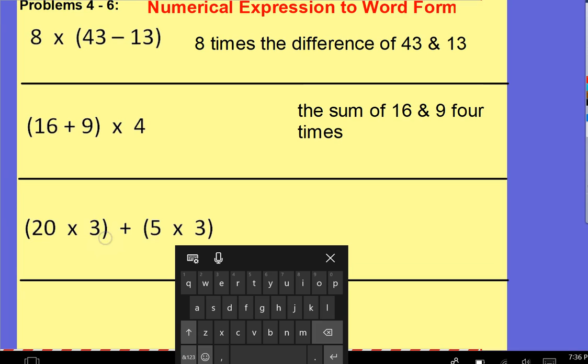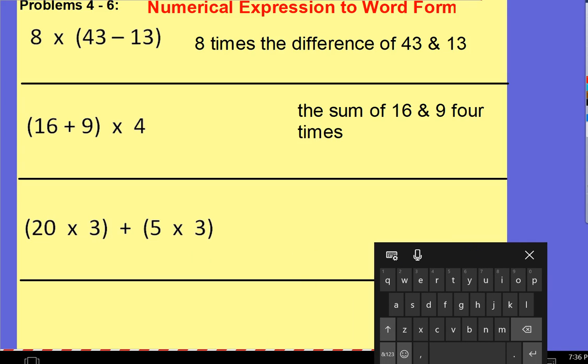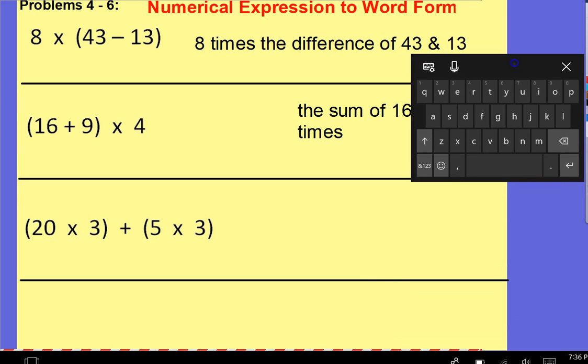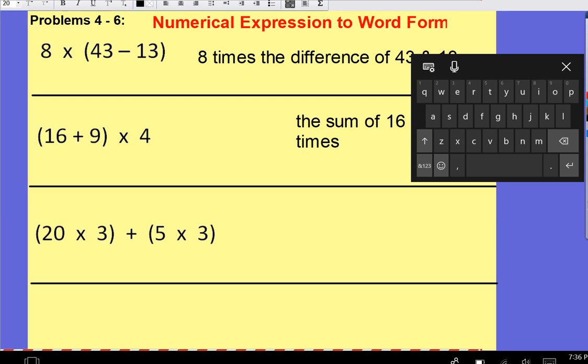All right, let's take a look at our third one. Our third one here says 20 times 3 plus 5 times 3. So this one's a little bit different. I'm going to think back to the problems we had yesterday. Remember when they would see a multiplication problem, we would sometimes say that was 20 threes.